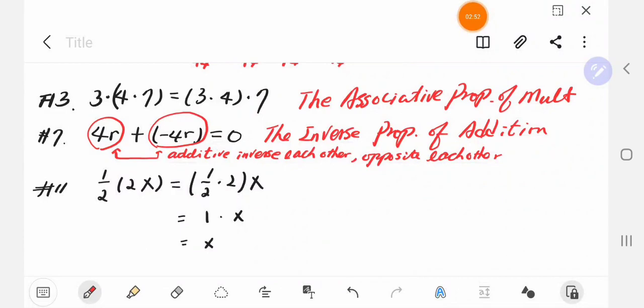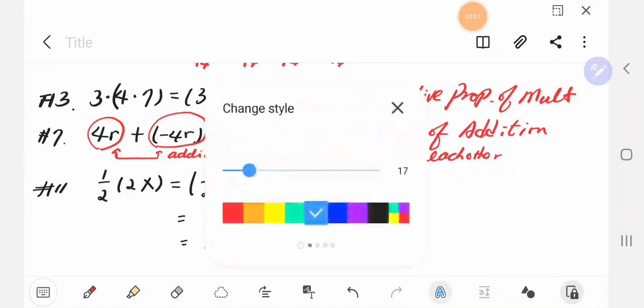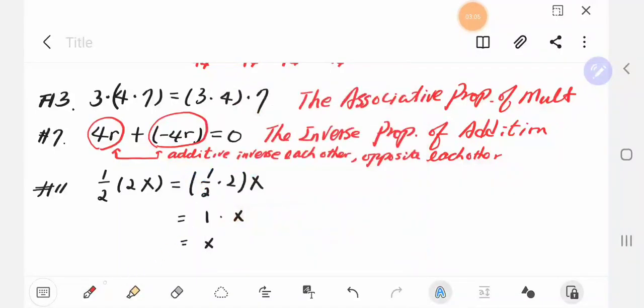Okay, number 11. 1/2 times 2x, the order of these numbers is unchanged. What we did is we changed the parentheses, the grouping. So this is the associative property of multiplication.